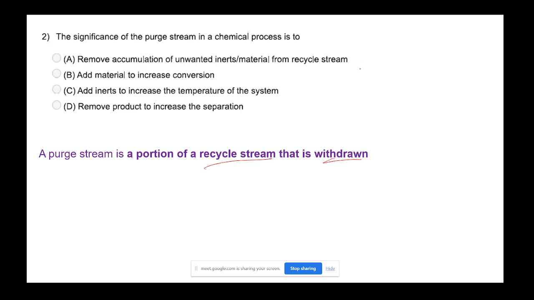The options are: to remove accumulation of unwanted inerts or material from the system, to add material to increase conversion, to add inerts to increase the temperature of the system, or to remove product to increase the separation. Now all these options are incorrect except one. What does a purge stream actually mean? We do not want any unwanted inerts to accumulate, so this is the correct option.